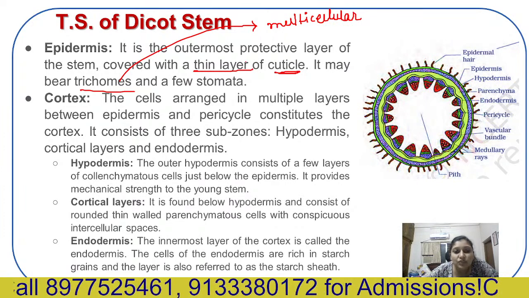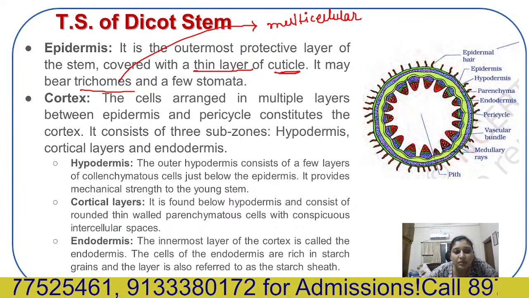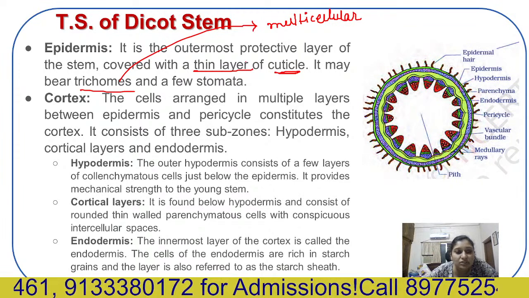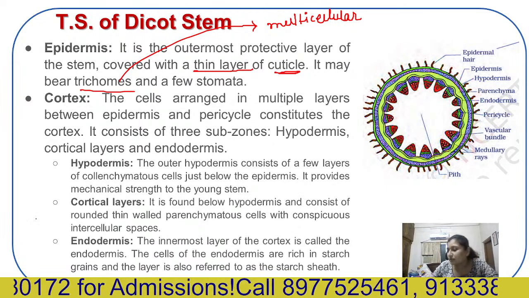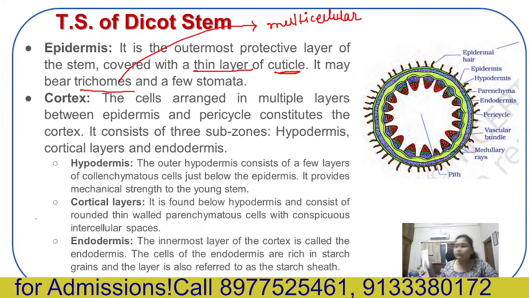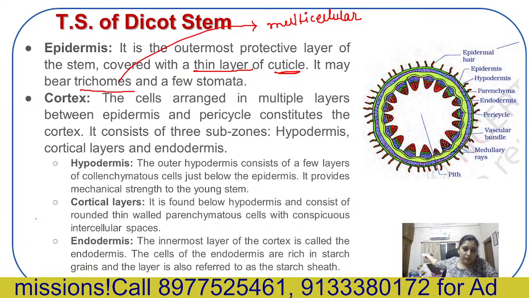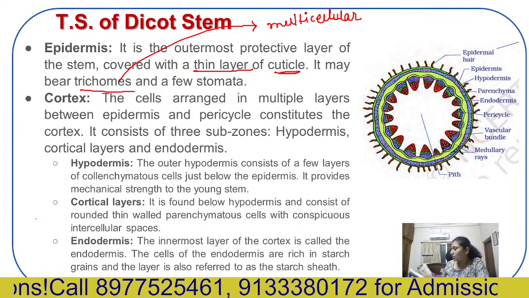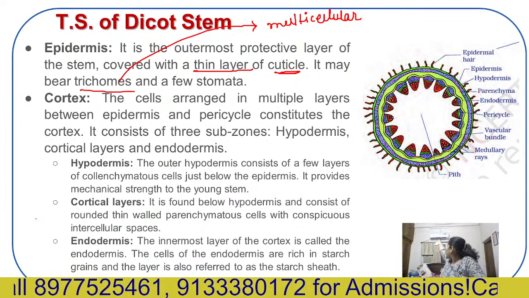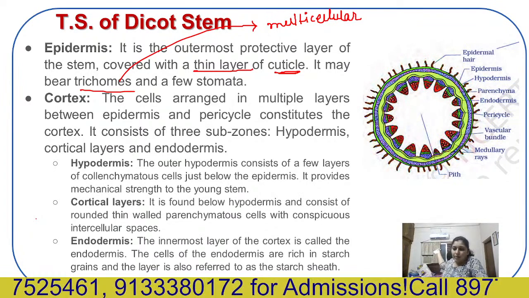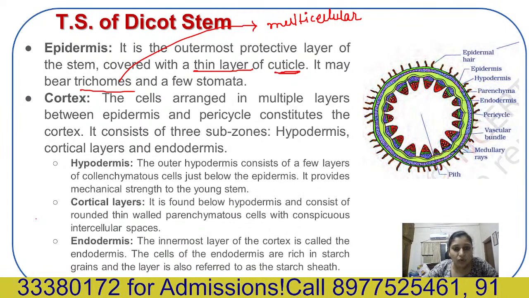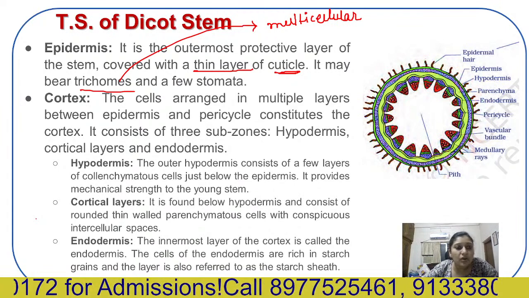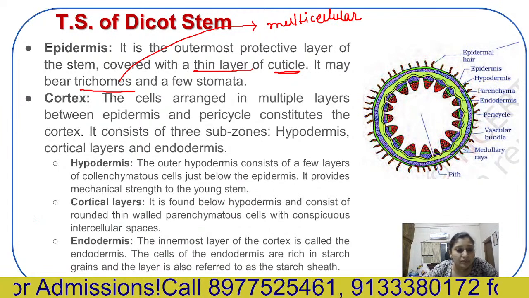Cortex: the cells arranged in multiple layers between the epidermis and the pericycle constitute the cortex. There are three subzones of the cortex region: hypodermis, cortical layer, and endodermis.